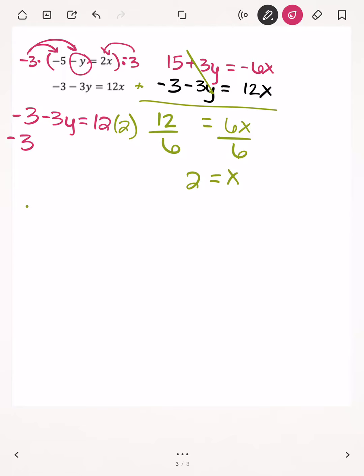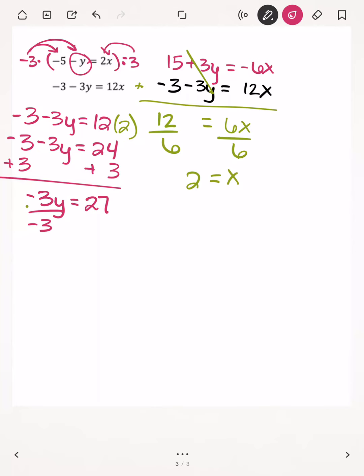So negative 3 minus 3y equals 24. I'm going to add 3 to both sides. So I get a negative 3y equals 24 plus 3 is 27. To solve for y, I divide both sides by negative 3. Y equals 27 divided by negative 3 is a negative 9.